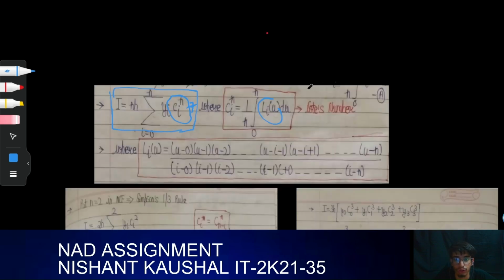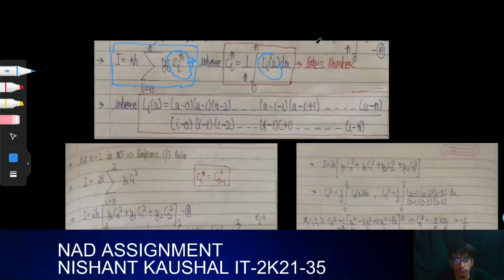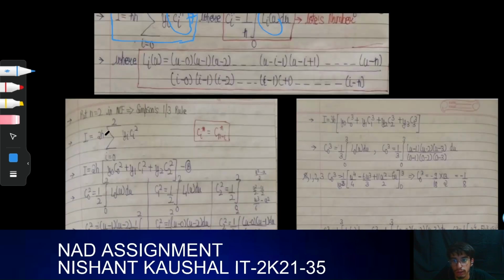So if we want to find Simpson one-third rule, we put the value of n equals 2 here. Then it becomes 2h summation i equals 0 to 2 of y_i C_i raised to the power 2, right?